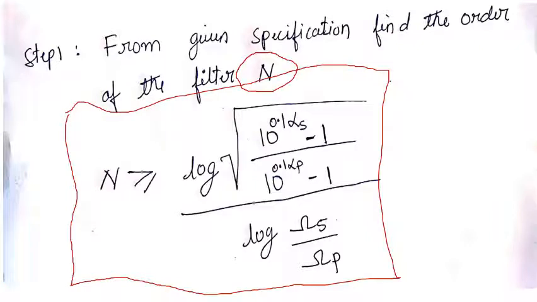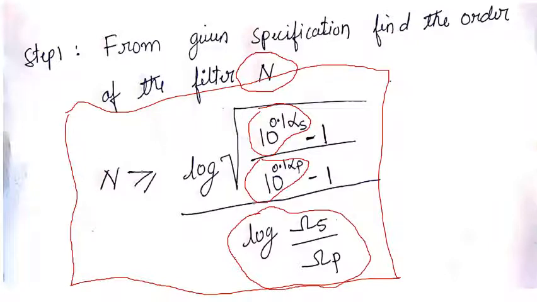Capital N greater than or equal to log of the square root of (10 raised to 0.1 alpha s, minus 1) divided by (10 raised to 0.1 alpha p, minus 1), divided by log of omega s divided by omega p.